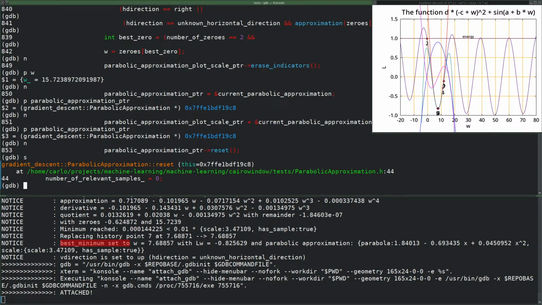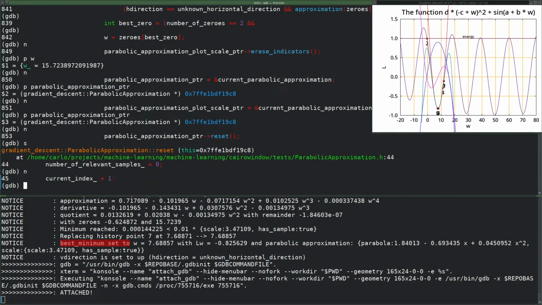Totally should not use 7 then. Unless I add 7 after this point. But I don't think so. Do I? No. I think so. Anyway, we don't. It's completely reset. This thing is reset. Okay.